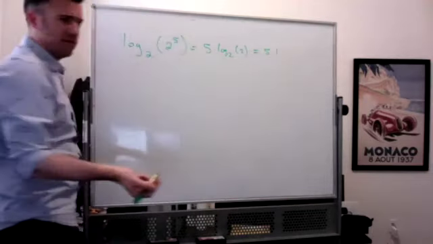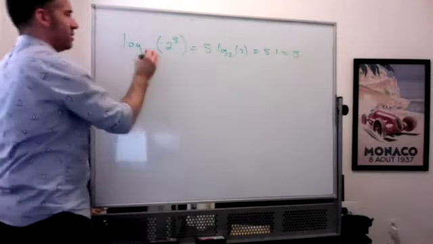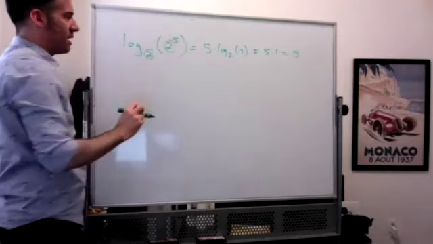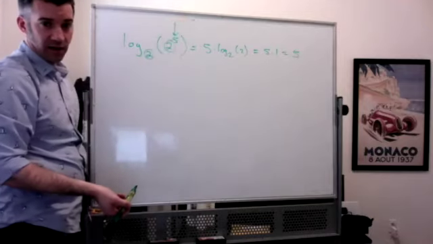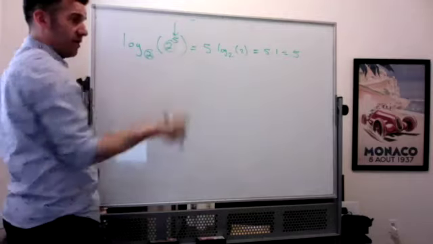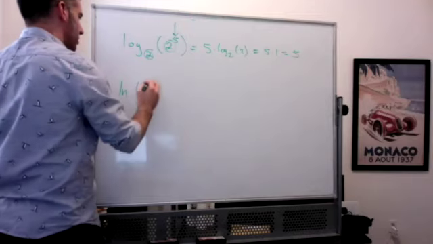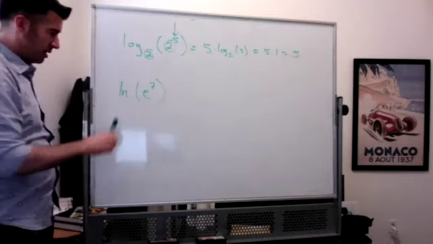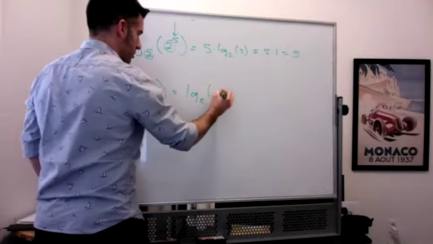But we could have taken a shortcut and said, okay, well, we know that since the base here and the base here are the same, the answer is just whatever the power is there. Because you're asking 2 raised to what power equals 2 to the 5th. It's the same if you have the natural log of e to the 7th. The base here is e.